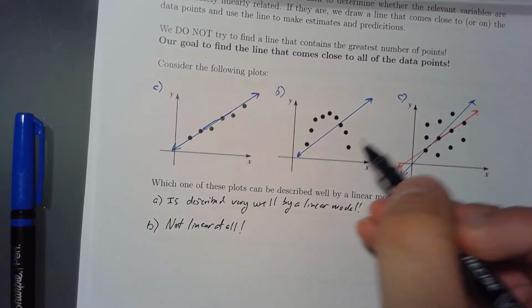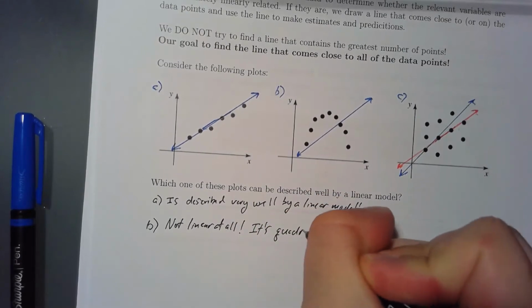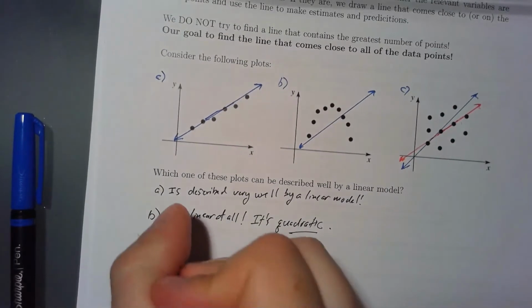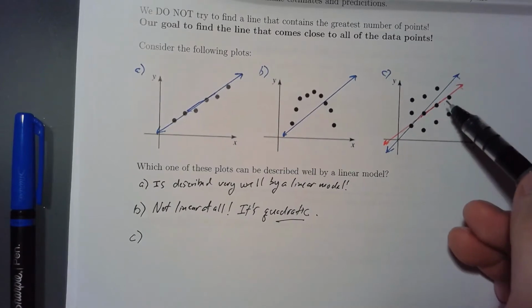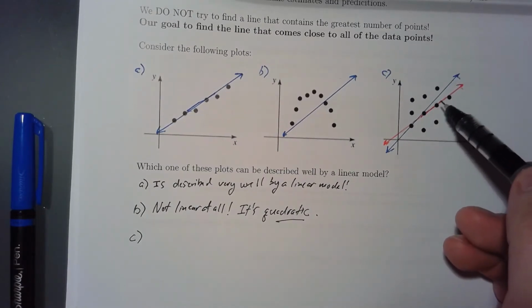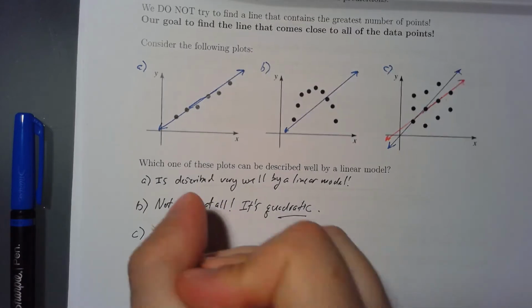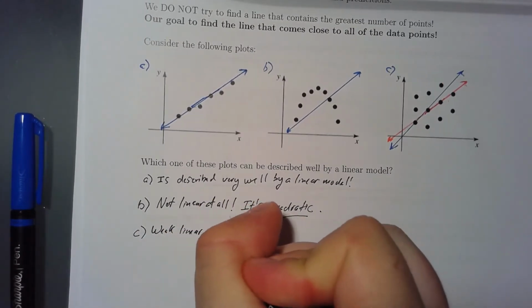This one's actually quadratic. And C, well, it's not quadratic, but I'll just say it's a poor linear relation. I mean, I guess C could be described linearly, but it's not very good. So this is a weak linear relationship.